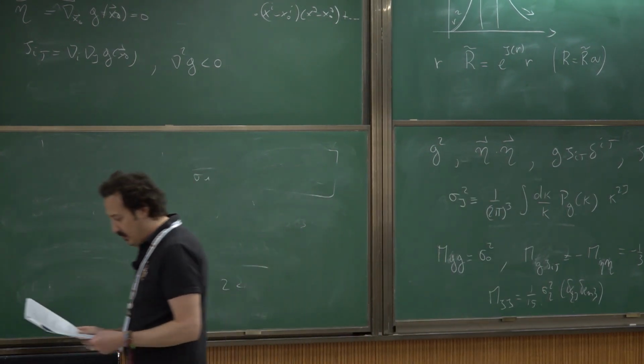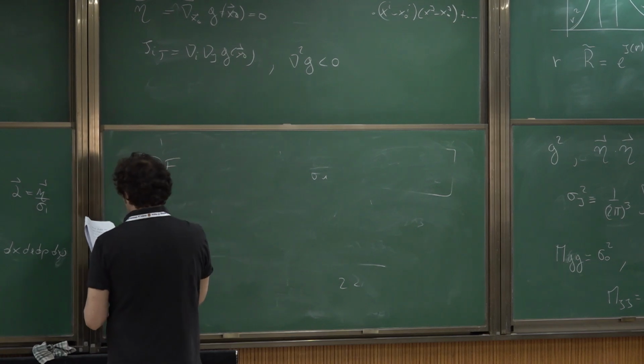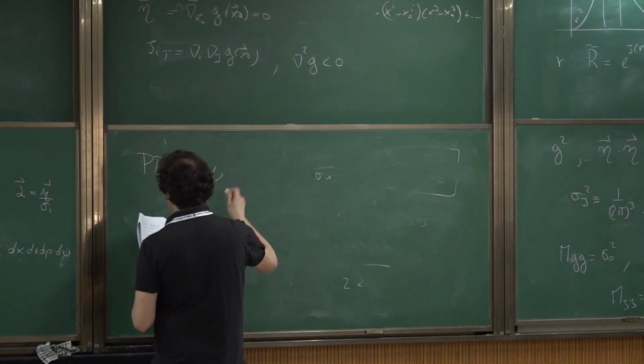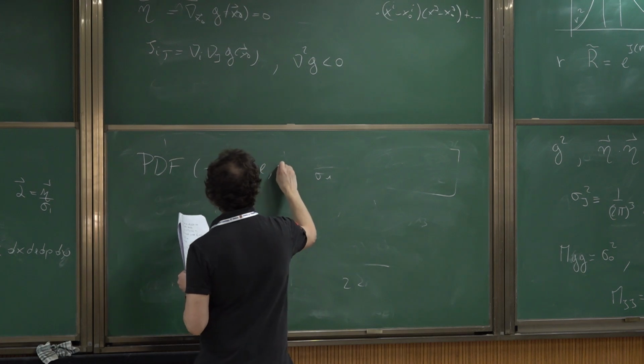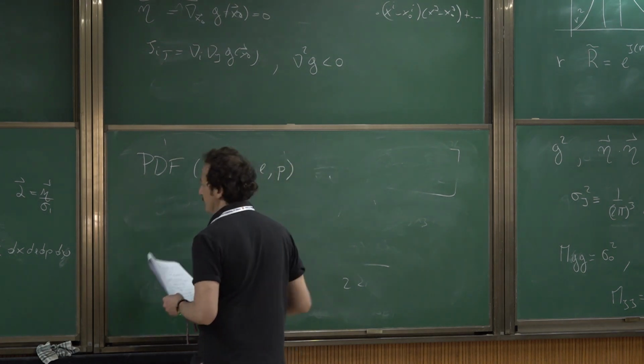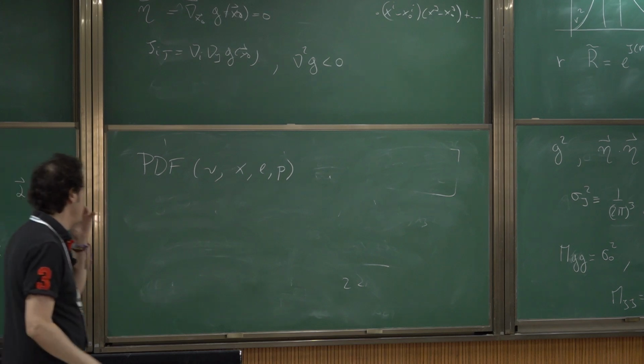The PDF that we are going to use now is marginalized on alpha, which is the first derivative. So this is gone, it was just a delta function.